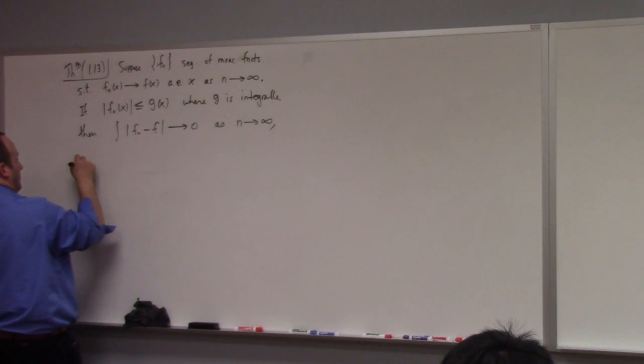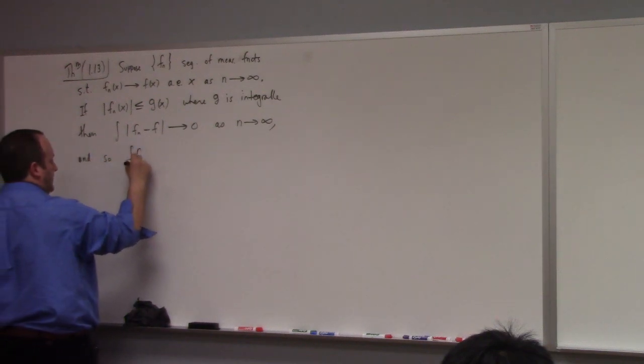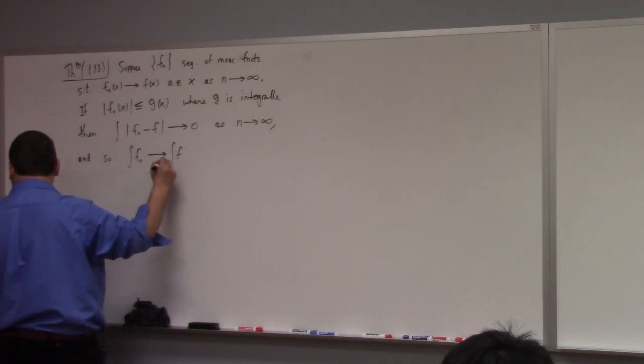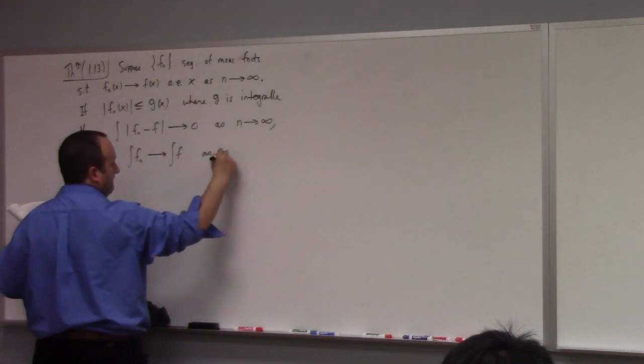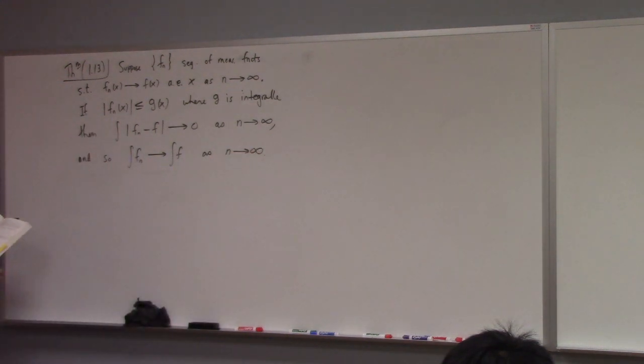And so the integral of Fn goes to the integral of f as n goes to infinity. He says this is a quote-unquote cornerstone of the theory of Lebesgue integration. It is the so-called dominated convergence theorem.